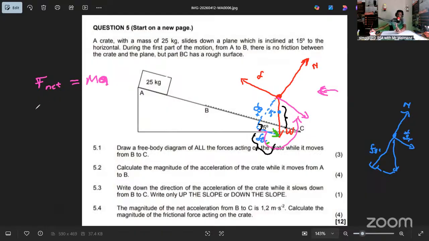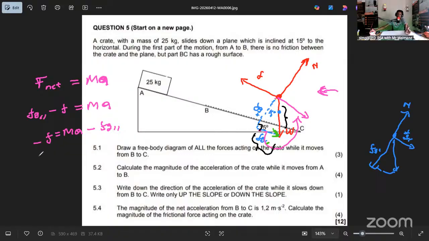And F net is FG parallel minus frictional force is equal to MA. Then to calculate the frictional force, minus F is equal to MA minus FG parallel.